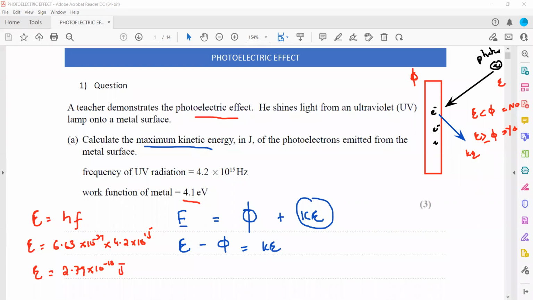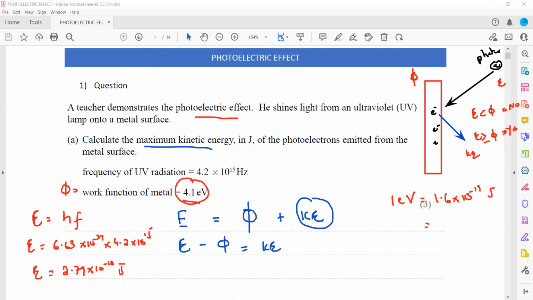Now we have to find the work function. The work function is given in the question in electron volts. We have to convert this electron volt into joules, because when we subtract the two quantities, they should be in the same unit. We have the relation that 1 electron volt equals 1.6 × 10^-19 joules.